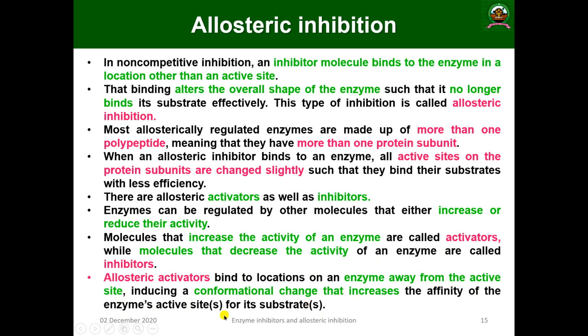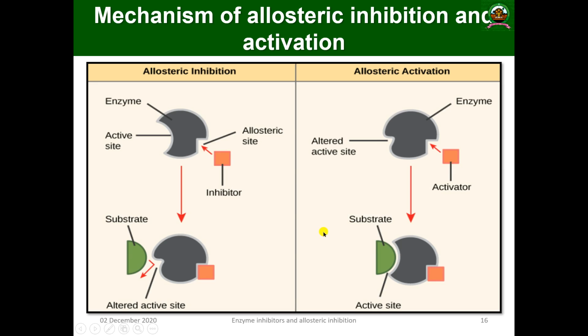The allosteric activators bind to a location other than the active site, known as the allosteric site, which changes the conformation, and due to that conformational change, the enzyme can bind with the substrate.